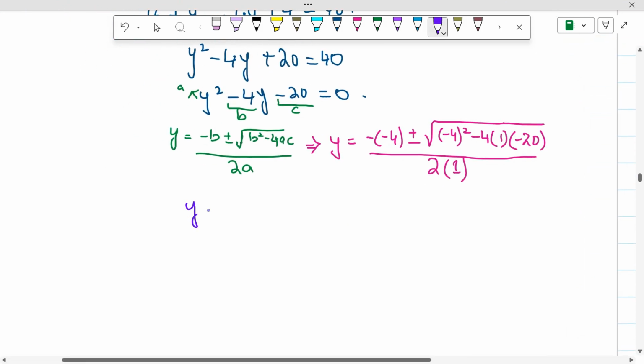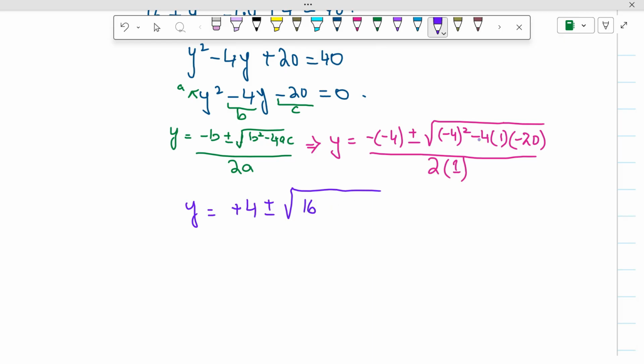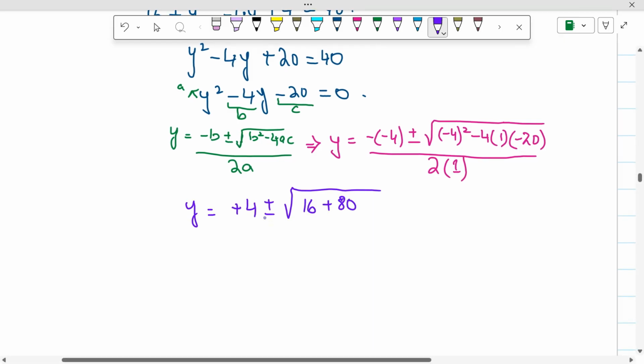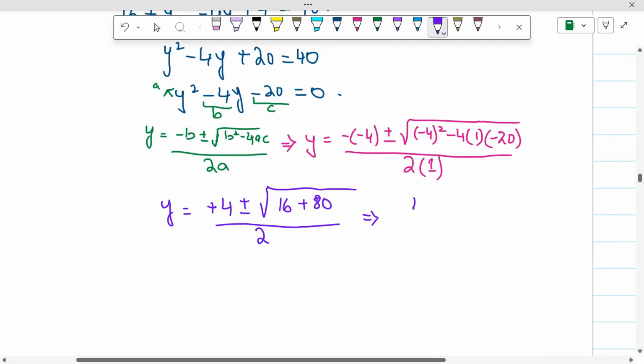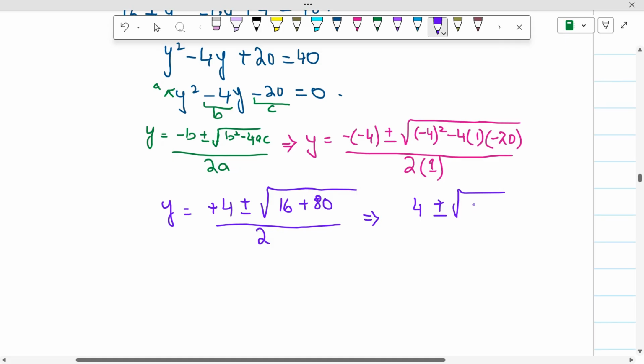So y equals positive 4 plus minus the square root of negative 4 square which is 16, negative 4 times negative 20 is plus 80, over 2. This equals 4 plus minus the square root of 80 plus 16, which is 96, over 2.